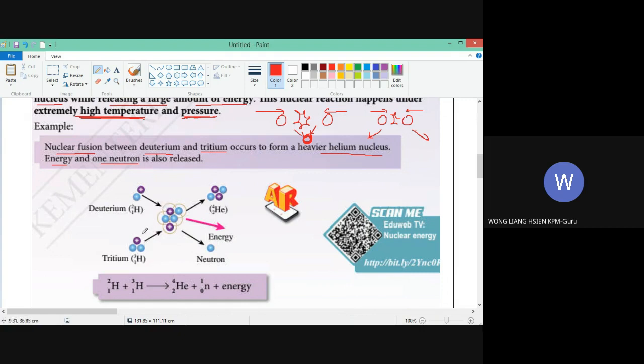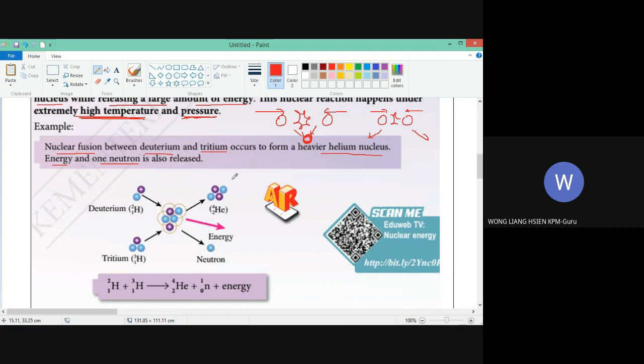These two hydrogen isotopes are very small. This one has one proton, 1 neutron. This one has one proton, 2 neutrons. They join together, fuse together, and become a helium nucleus. And there is one extra neutron, so the extra neutron will fly out.